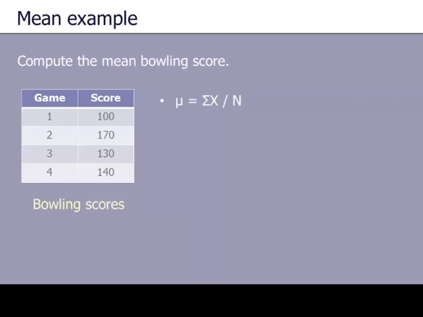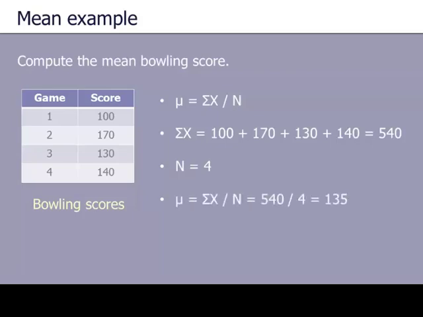The sum of scores is equal to 100 plus 170 plus 130 plus 140, which equals 540. The number of scores is equal to 4. Plugging these numbers into the formula, we see that the mean bowling score is equal to 540 divided by 4, which is 135.